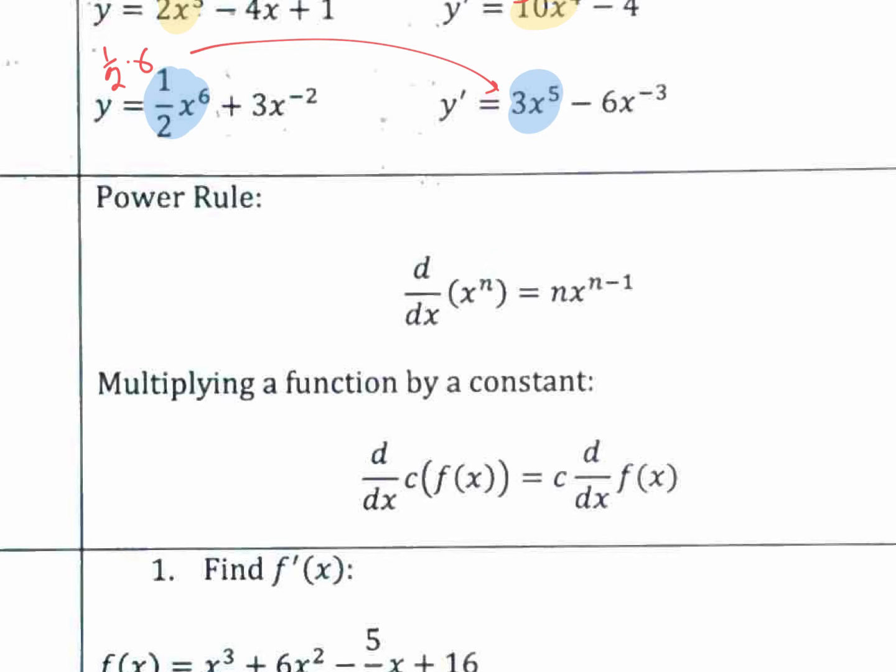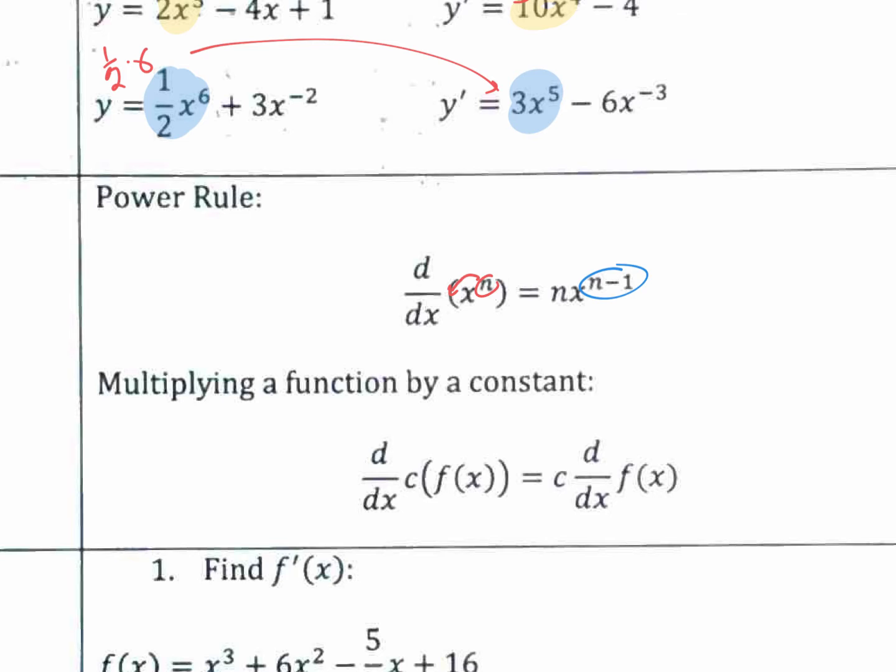The power rule says to take the derivative with respect to x, so anytime you see d over dx, that is the derivative with respect to x of some power, all right, x to some power. What you're going to do is take that exponent, that drops down as a coefficient, and then your new exponent is 1 less.